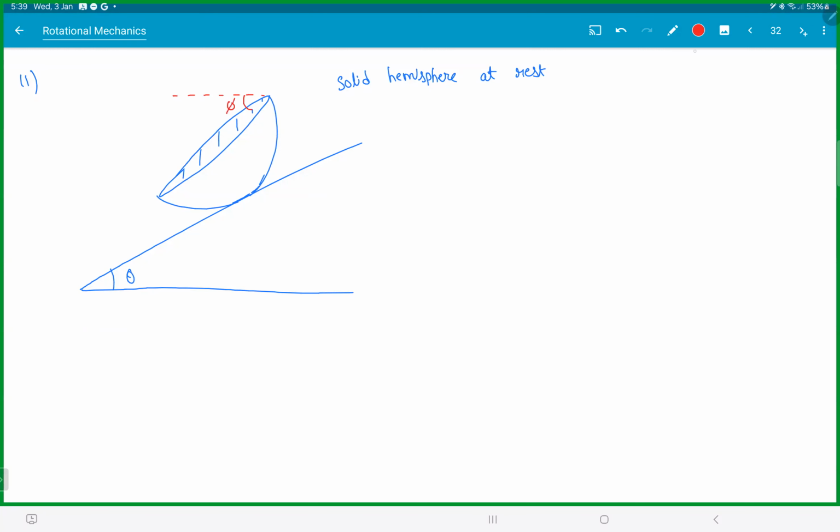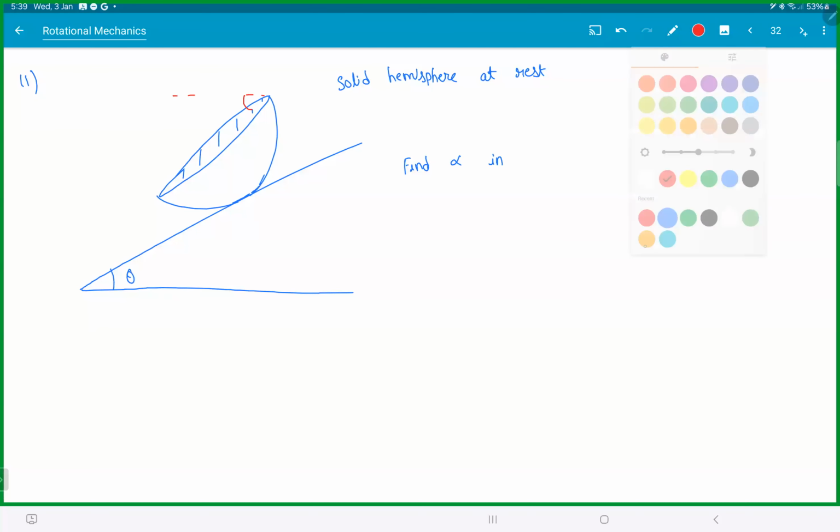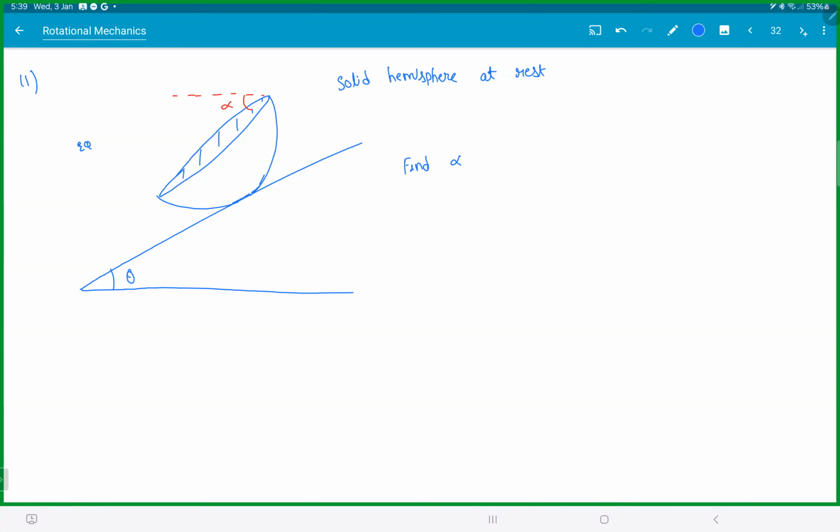This angle is phi. Find phi in equilibrium. Let's call it alpha, maybe. This setup is in equilibrium, meaning it is not falling down. It is just there. It's a solid hemisphere. Find alpha.